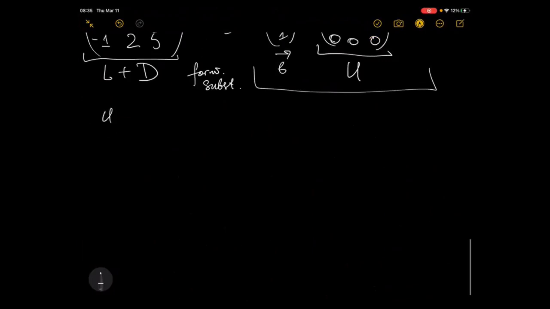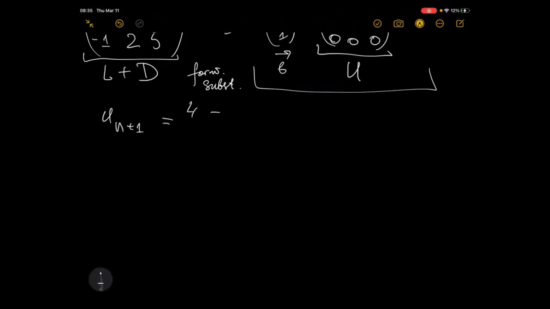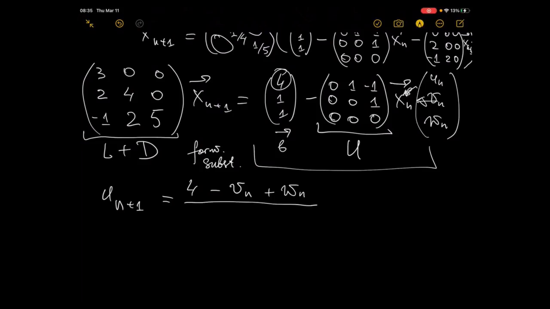So you have u_{n+1} equals to 4 minus v_n plus w_n, divided by the diagonal 3.